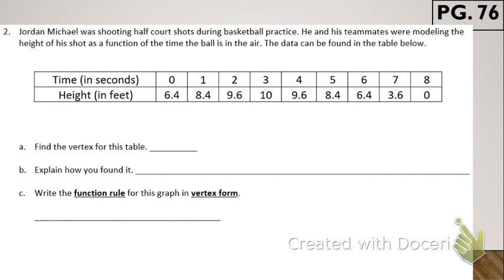Look at this table for me. Page 76. Where is our vertex? 3, 10. How did you know that it was 3, 10? Because that's the only number that's not repeated.